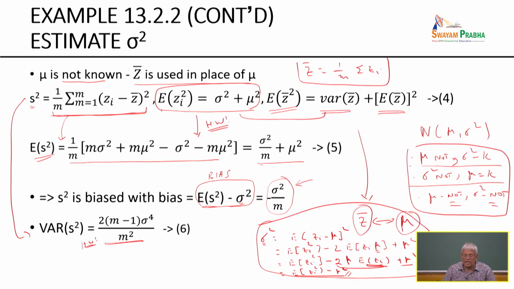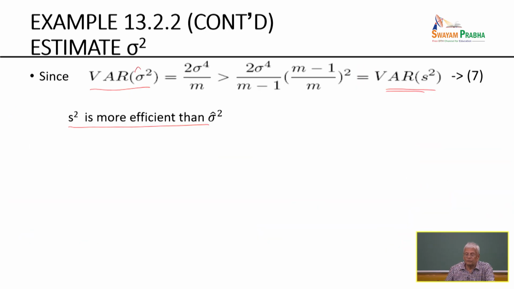And we have already seen that the estimate of the variance when mu is not known is biased. So s square is a biased estimate of the variance. Sigma hat square is the unbiased estimate of the variance. We now know that the variance of the unbiased estimate when mu is known is larger than the variance of the biased estimate.